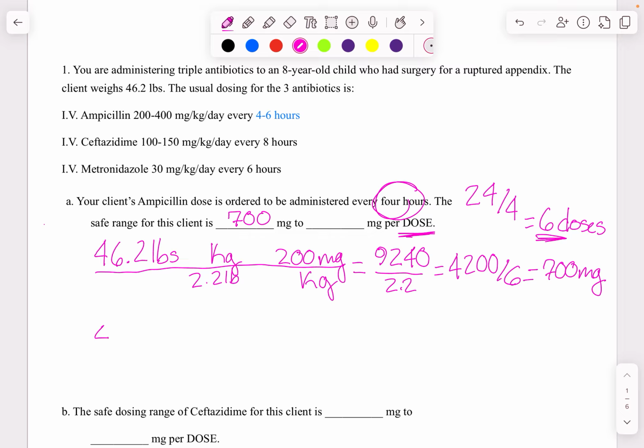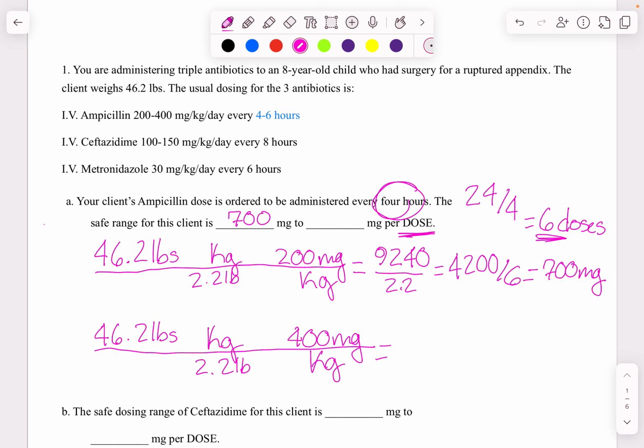Okay, so doing the same thing for the high end, starting with the weight we know, 2.2 pounds per kilogram, 400 milligrams per kilogram. It's 18,480 divided by 2.2 is 8,400.